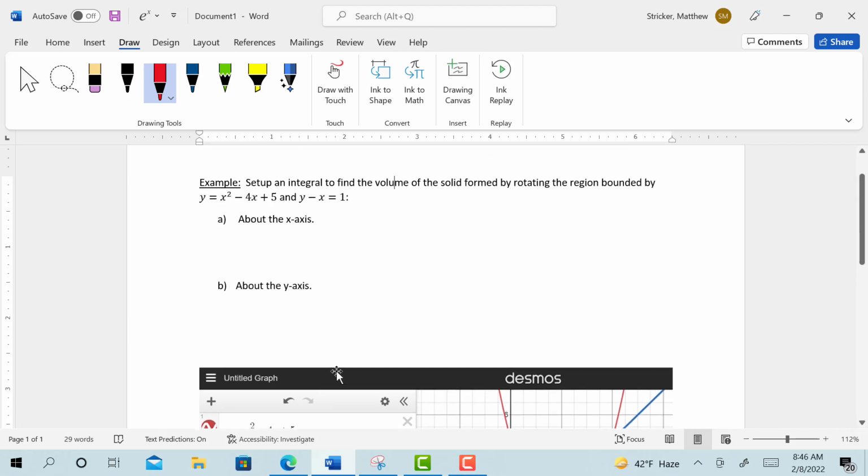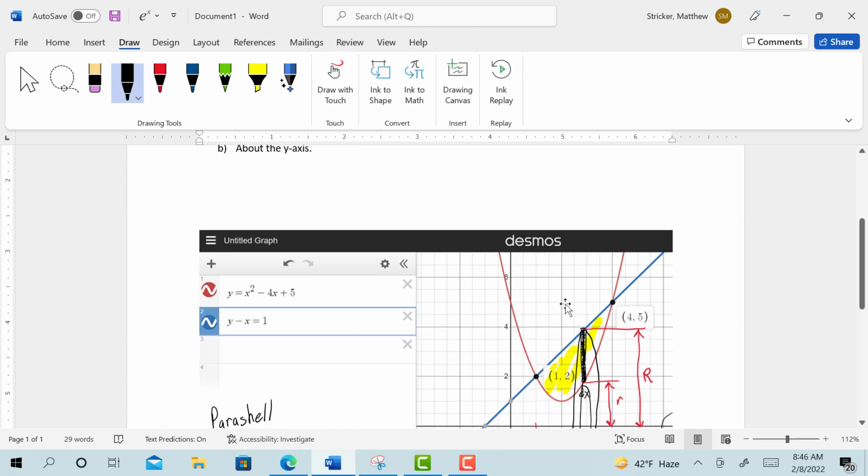The volume is equal to the integral from 1 to 4 of pi, let me put the pi out in front, times the big radius squared. The big radius is the blue function, and we're in terms of x, so we rewrite it as y equals x plus 1.